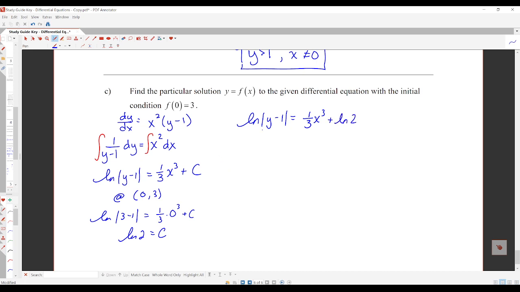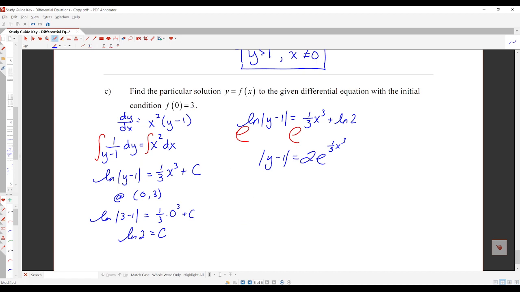Now we proceed for solving for y, so we're going to go ahead and exponentiate both sides of this equation. So I get the absolute value of y minus 1 equals, and again, because the exponent is a sum, it could be e to the first term multiplied by e to the second term, and e to the ln just becomes 2, and we get e to the 1/3 x cubed.